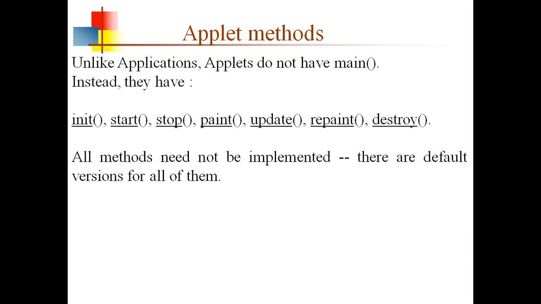We have a stop function and a paint function. To execute paint again and again we require the repaint function, and then the update function and the destroy function. So we have these many functions, and we can use them in an applet as per the requirement.